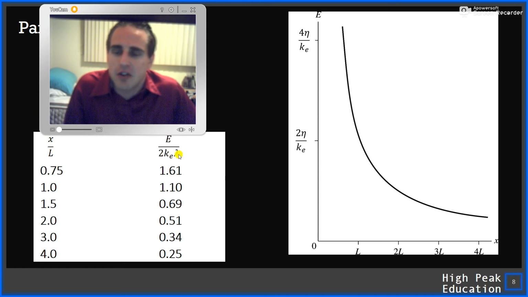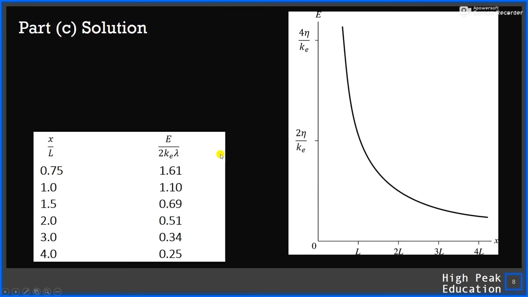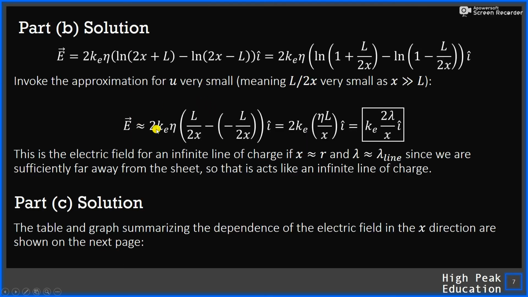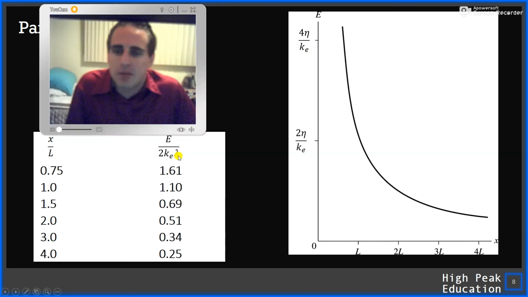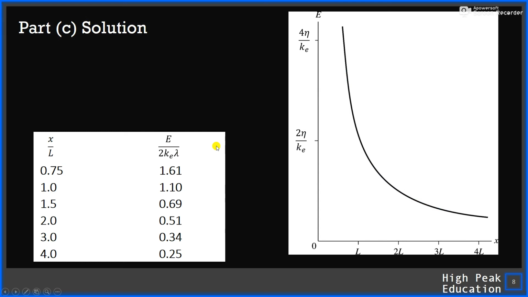This is kind of like our dimensionless electric field, if you will, because the electric field depends upon 2ke and eta, and this expression. So anyway, we'll do it over lambda. So this is the expression we should get.